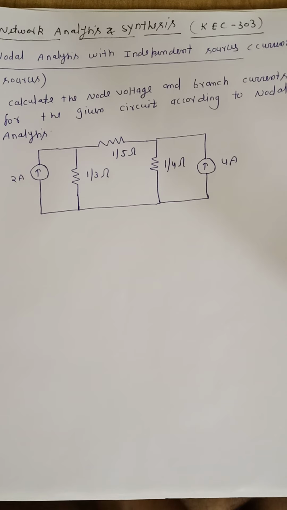In the second step, we apply KCL to each non-reference node, and according to Ohm's law, we define the branch currents in terms of the node voltages. In the third step, we solve the resulting simultaneous equations to obtain the unknown node voltages.